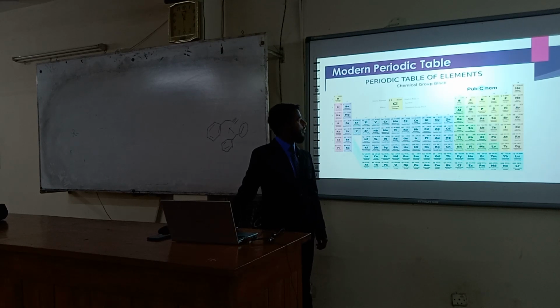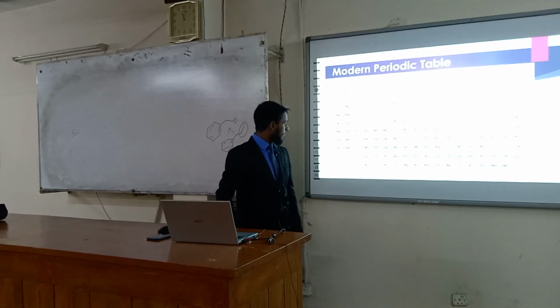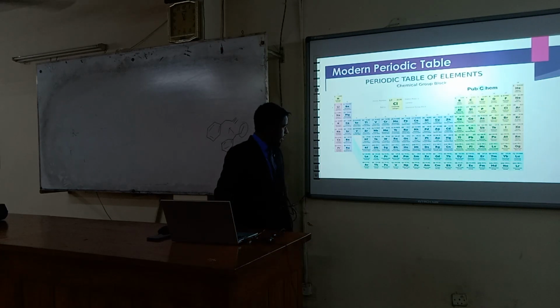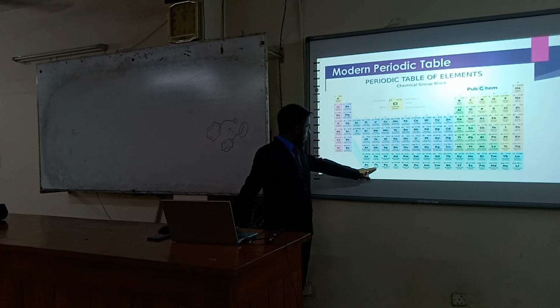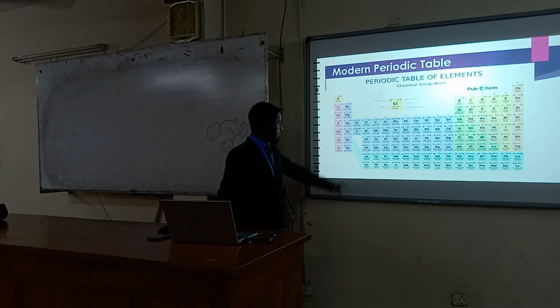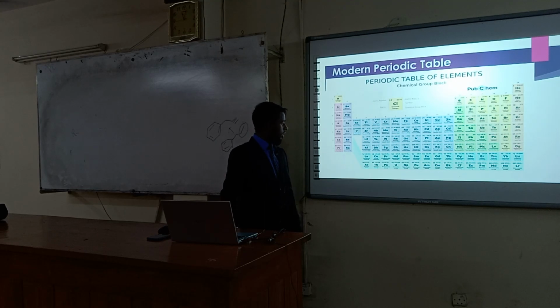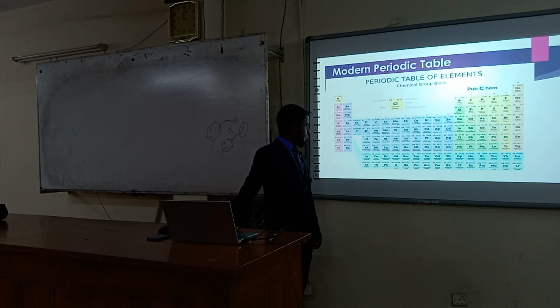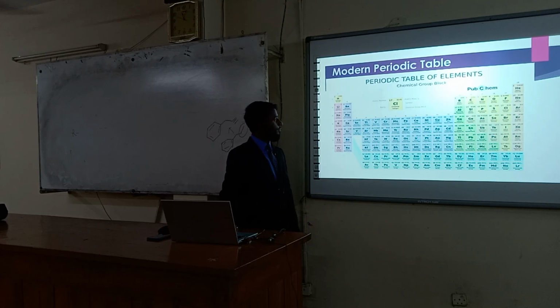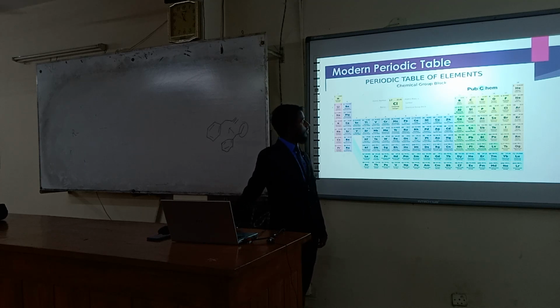These are metalloids. We also see below this table two sub-series: the lanthanide series and the actinide series, which are known as transition metals. So we got this information from this modern periodic table.